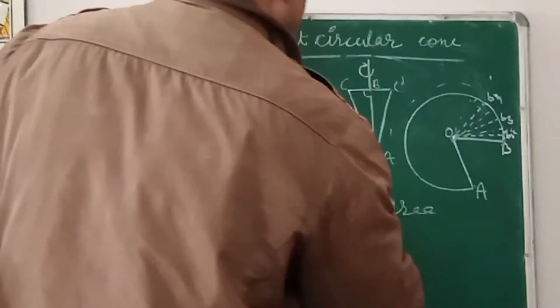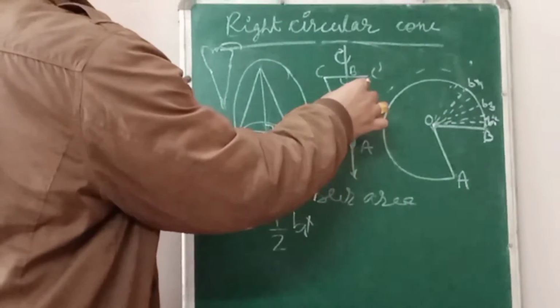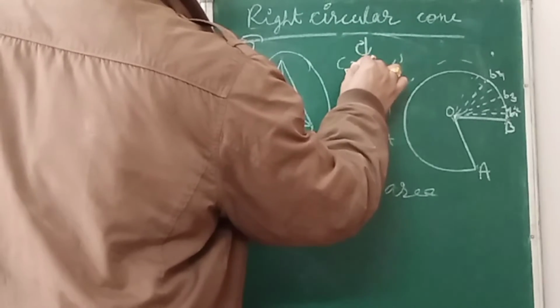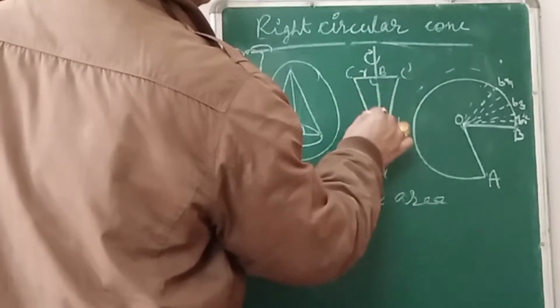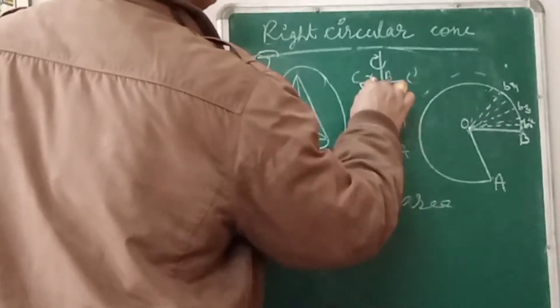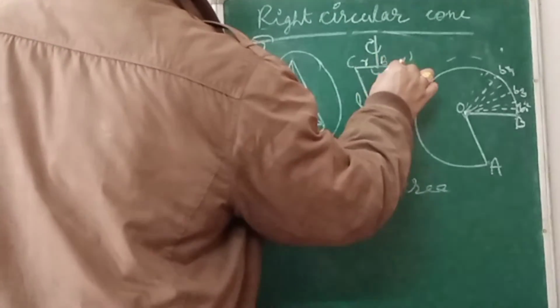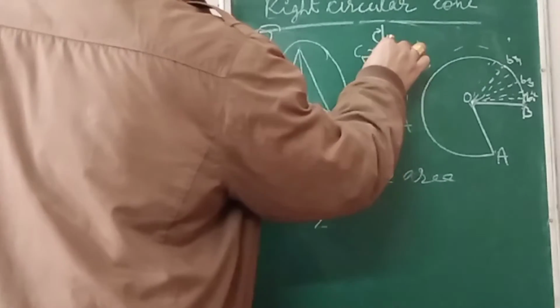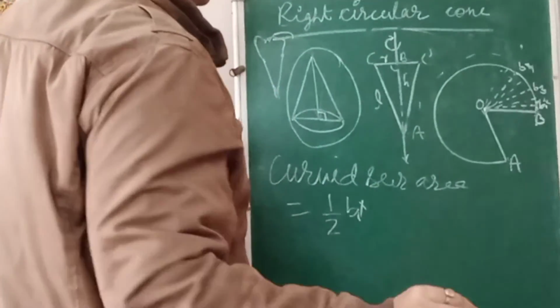It is also important for us to understand this figure. Here the base radius is r, L is the slant height from this place to this place, and h is the height of this cone.